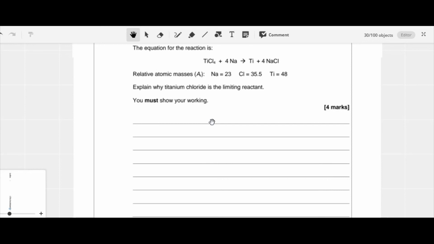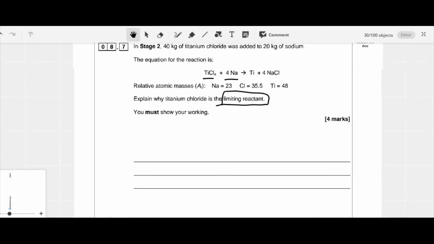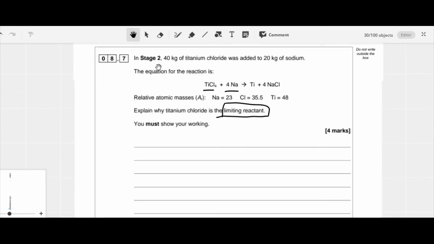For example, here in TiCl4, first, to determine the limiting reactant, we need to find their moles using the masses given in the question. Like 40 kg of titanium chloride. So titanium chloride mass is 40 kg.